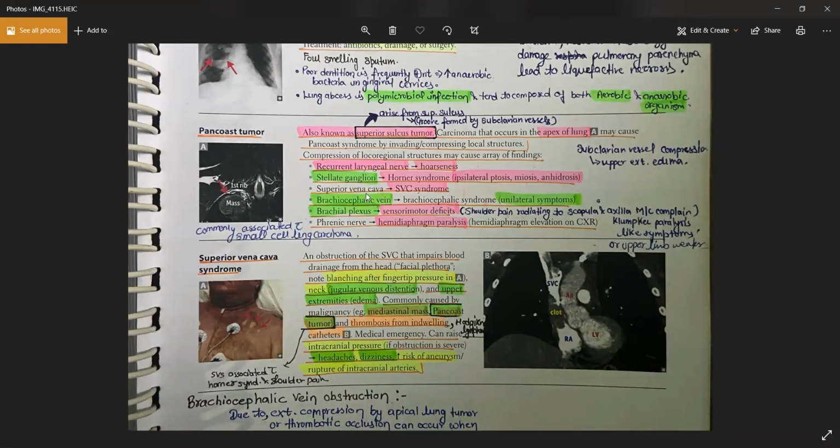Similarly, the superior vena cava can be compressed, and if it is compressed, it cannot drain fluid from the upper part of the body, from the head and neck. So the patient will have bilateral swelling of the neck, face, even the arms.